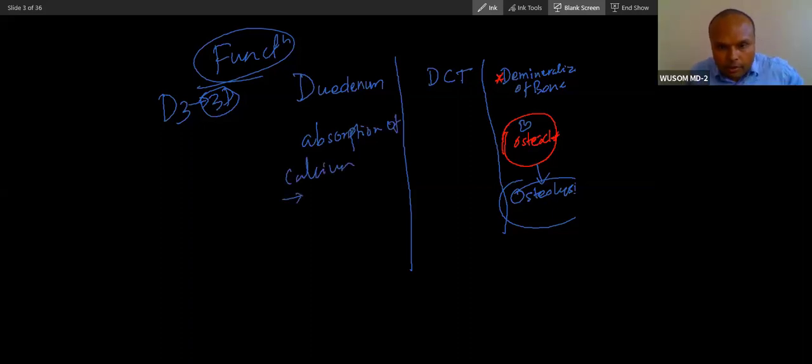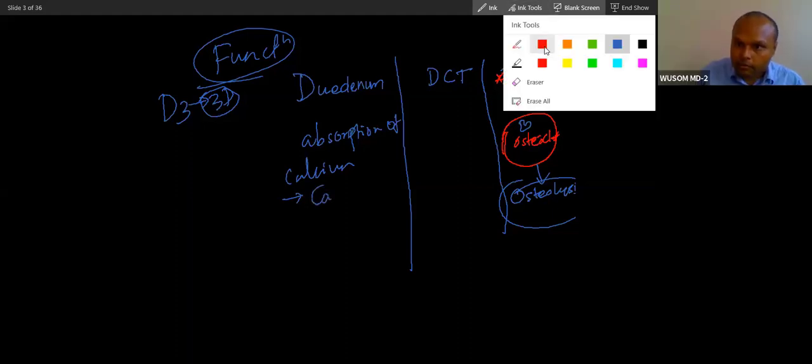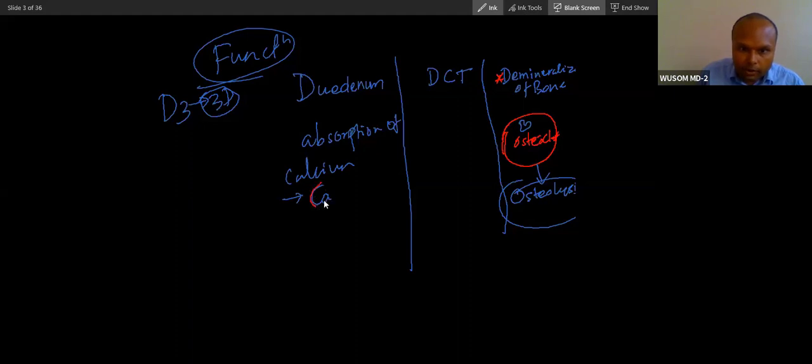Which protein? Not intrinsic factor. Which protein? Calcium binding protein.